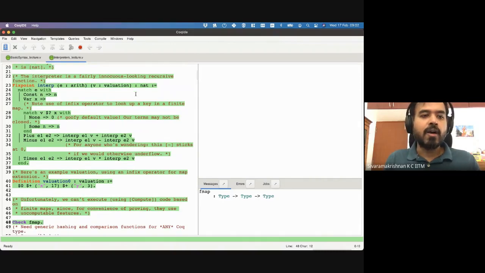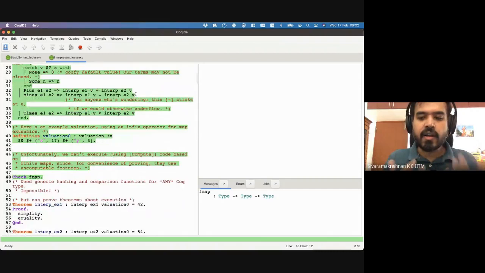But that's okay because we are not interested in actually running things in Coq, right? Running things is just a thing that we do to convince ourselves that what we are doing is right. But really, we want to prove things, and we can prove evaluations. What do I mean by that?